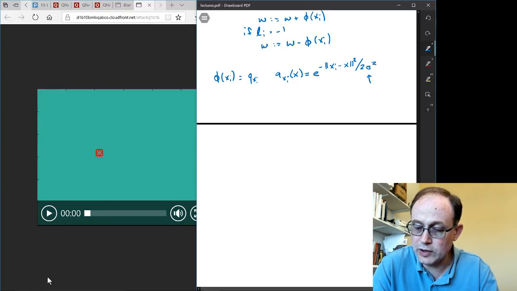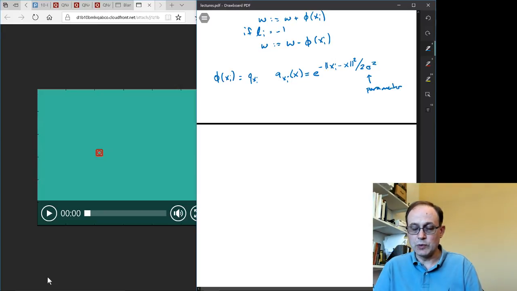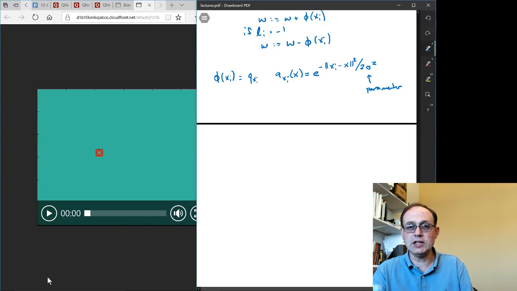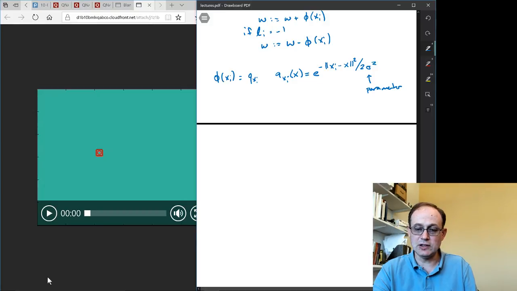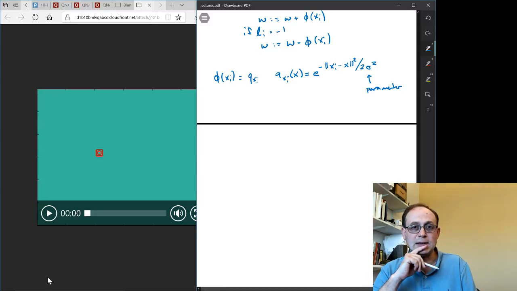And sigma squared is a parameter that we fix ahead of time. So here, phi of xi is just a function in a vector space of functions, the one which, when you apply it to x, gives you a Gaussian bump centered at xi.